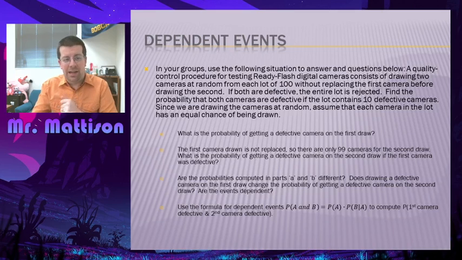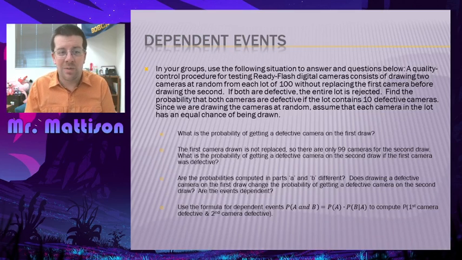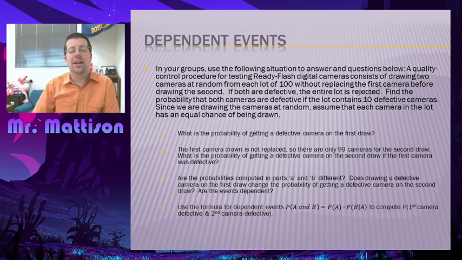If they randomly draw 2 of those 100, and both of them are defective, then they toss out the entire lot because there's enough of these that are a problem, so we're going to just assume that all of these are bad, or most of these are bad enough to cause problems.